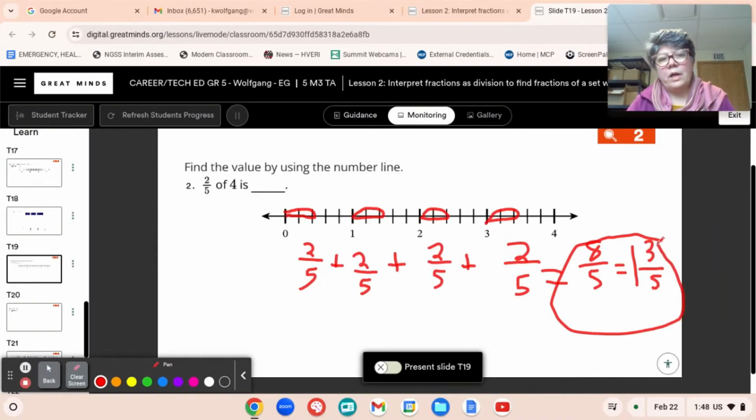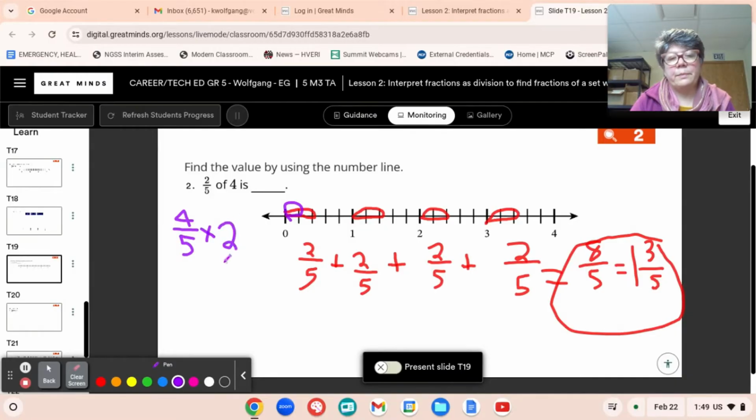You know, there's another way to do this that you might want to think about. Since this is 2/5, right? We could say, well, what is 1/5? 1/5 plus 1/5 plus 1/5 plus 1/5, that would be 4/5. And then 4/5 doubled, because we know there's 2/5 in each one.